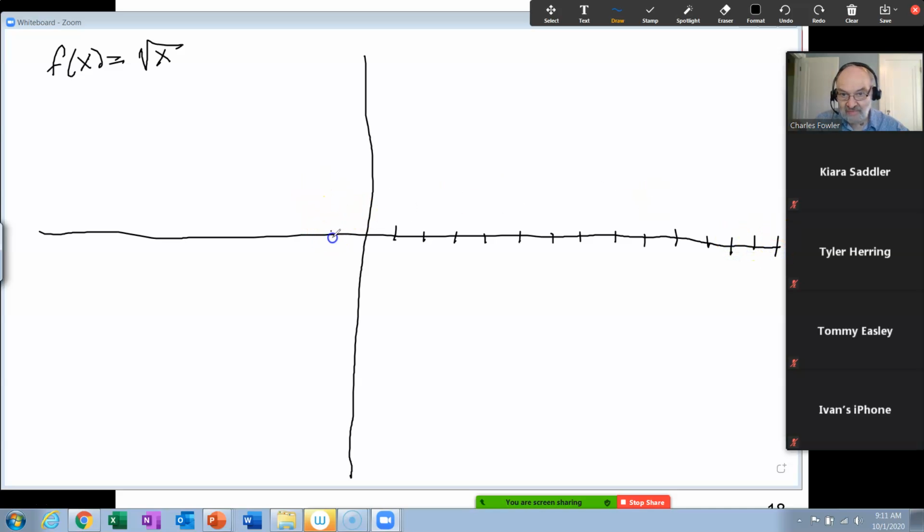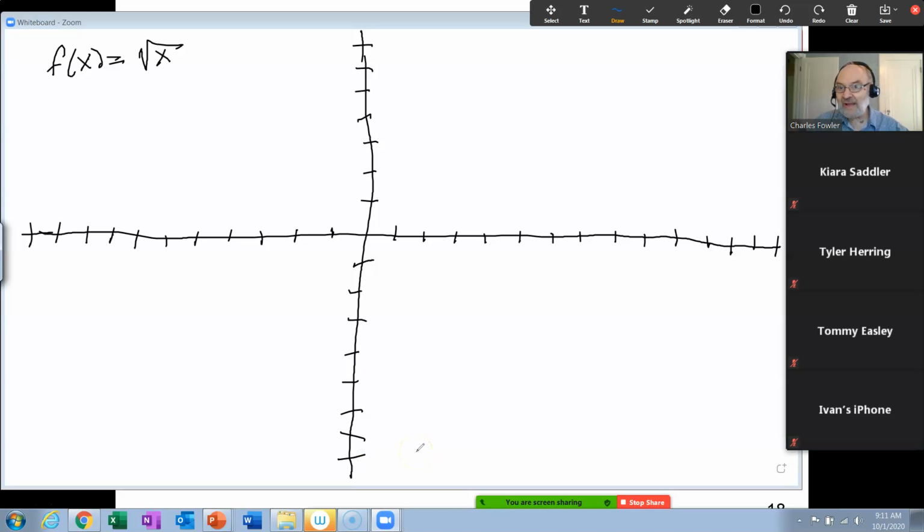Let's go negative 1, 2, 3, 4, 5, 6, 7, 8, 9, 10, 11. Okay, let's go up 1 through 7, and let's go down negative 1 through 8. I don't draw spacing too well either.